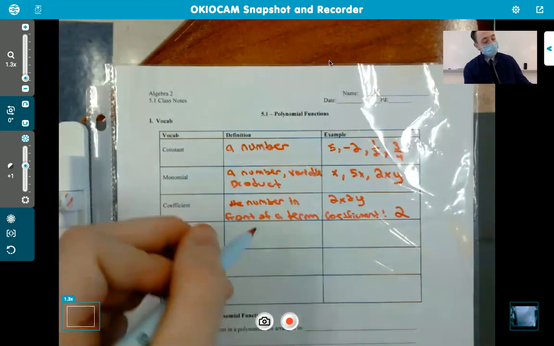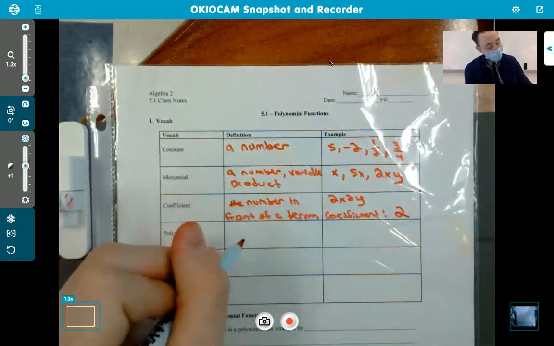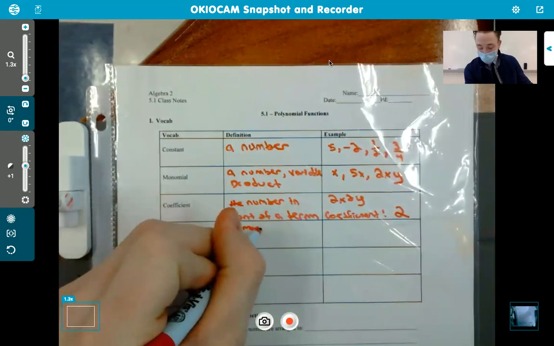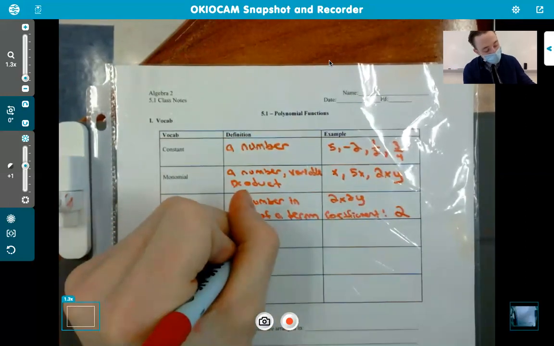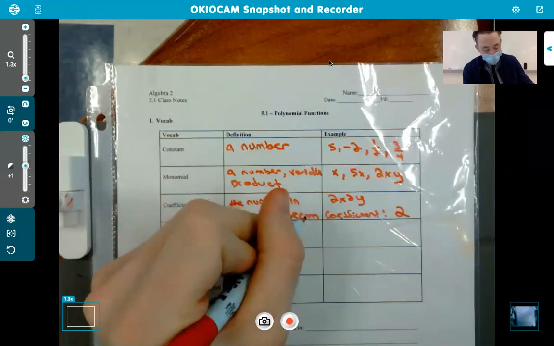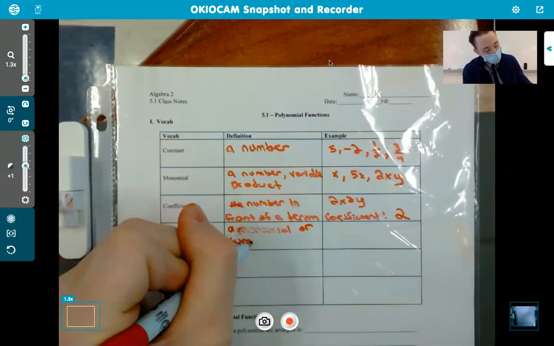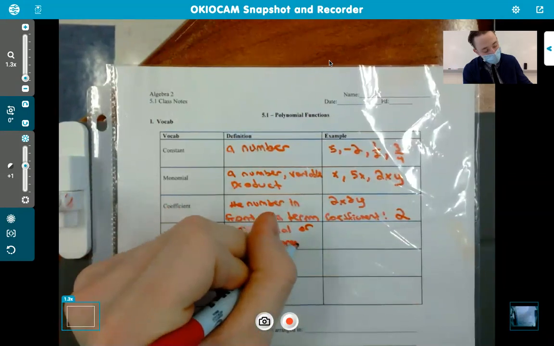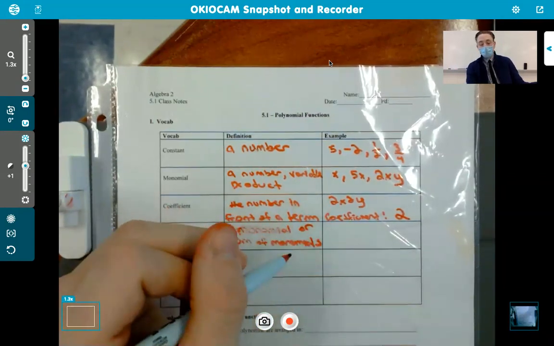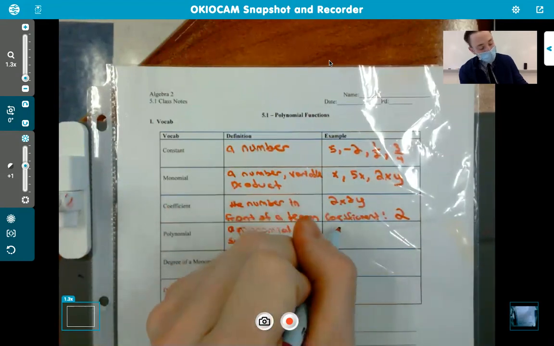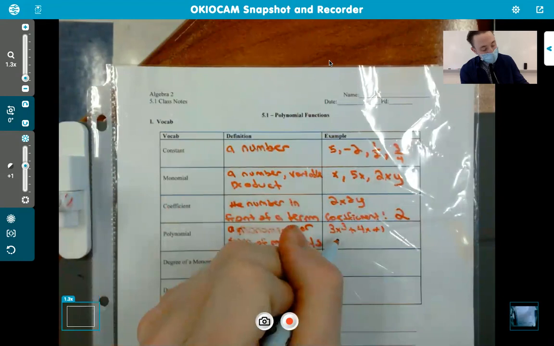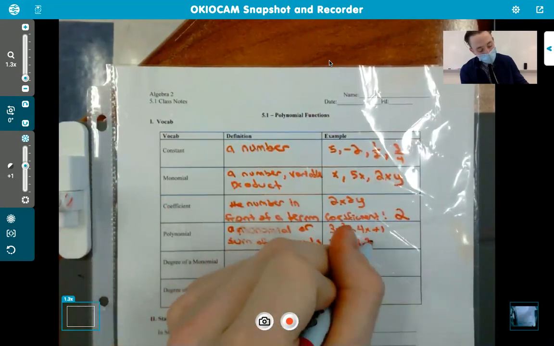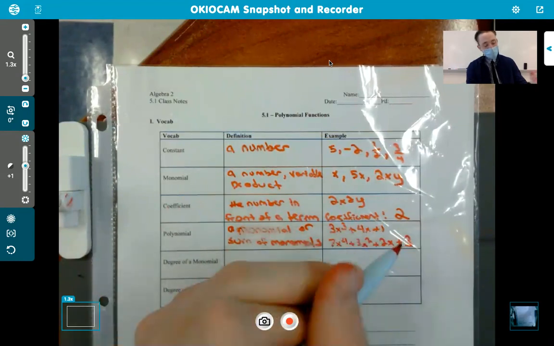A polynomial, which is the center of our chapter, is a monomial. Oh, excuse me. A monomial or the sum of monomials. So it could be that one singular term, or a lot of times we'll see the sum of multiple terms. So like 3x cubed plus 4x plus 1 is a polynomial. 7x to the 4th plus 3x squared plus 2x plus 3.